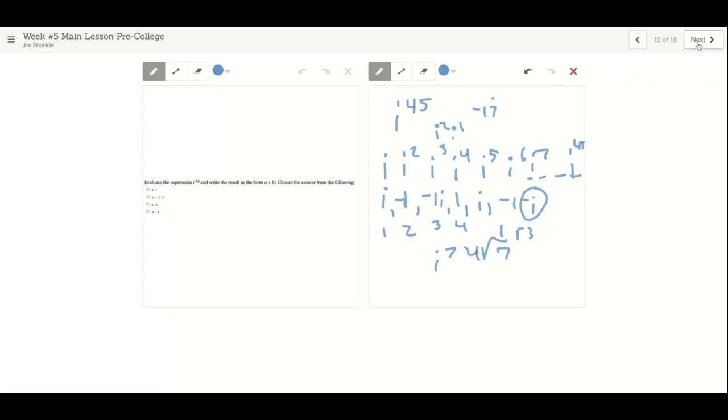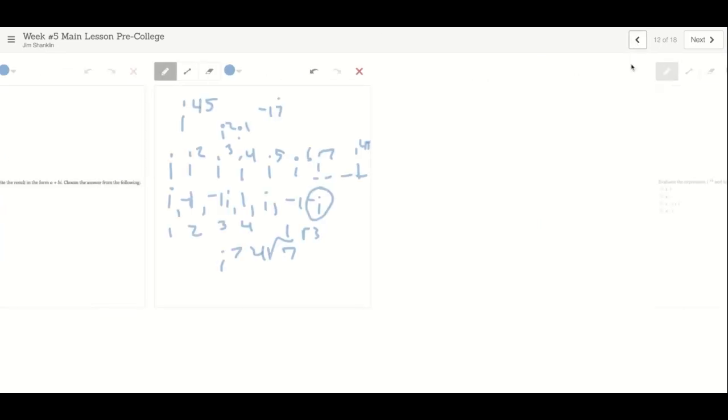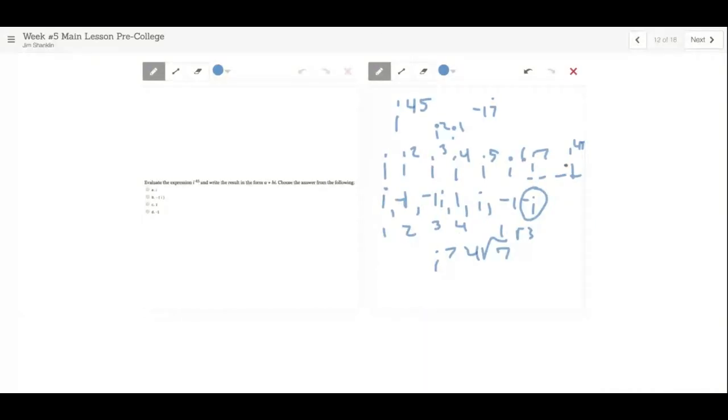Oops, I'm on the wrong slide here. How about this one? Evaluate the expression i to the 44th power. Okay, so I think I messed this up, if I'm not mistaken, because there's going to be a remainder of 0 here. So I think this is remainder 0, remainder 1, remainder 2, remainder 3.